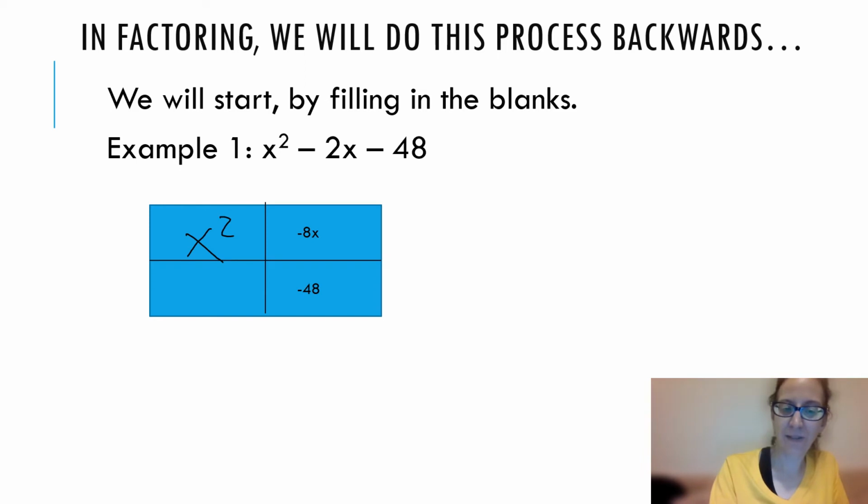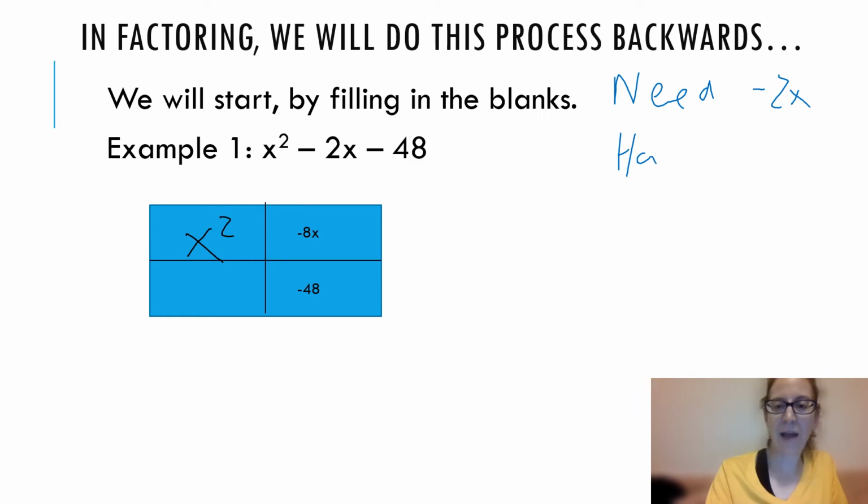All right, so let's see if we can reason out what's happening there. We need minus 2x. We have a minus 8x. So what you need to ask yourself is what would go there in order to get the minus 2? Because remember, you'd add them together. That's how it worked in the other ones.